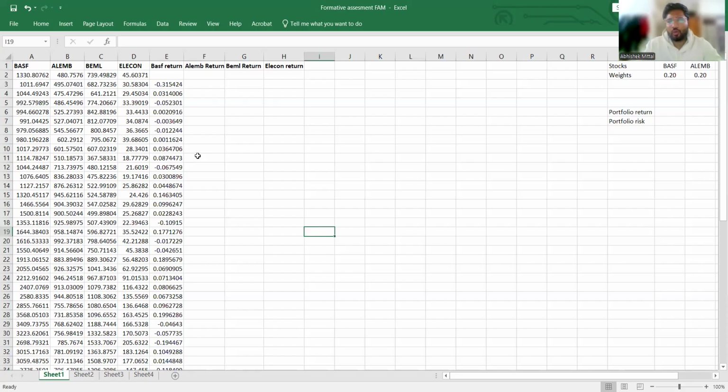It is not necessary to calculate each month individually, like month 1, month 2, month 3. You calculate only one month, and Excel calculates all the months, you just drag the column. Now we calculate ALEMB.